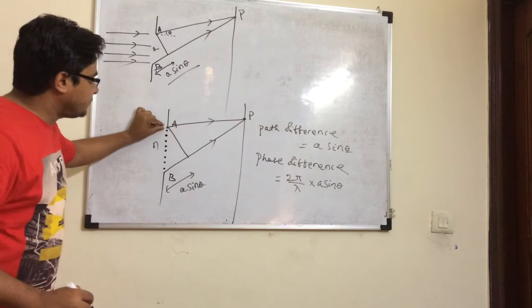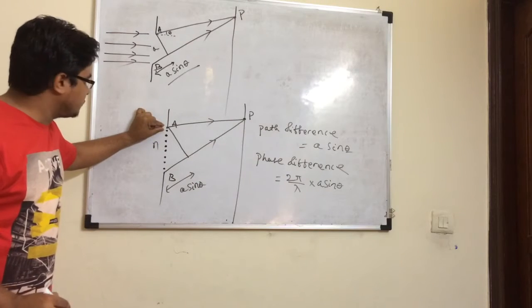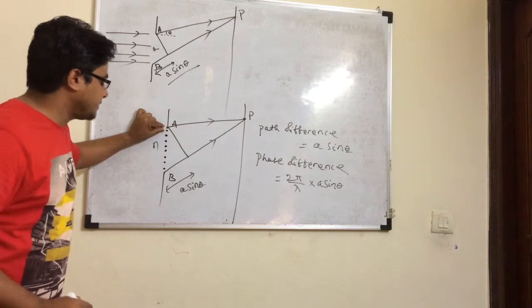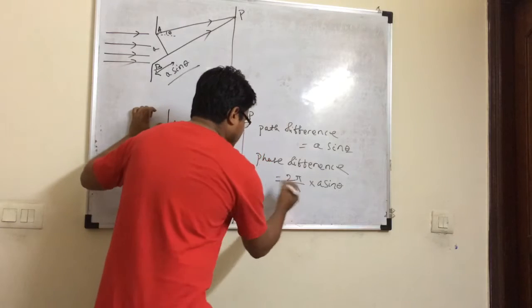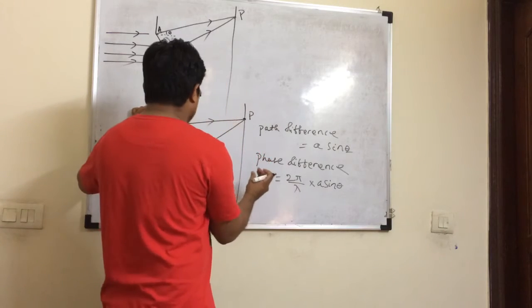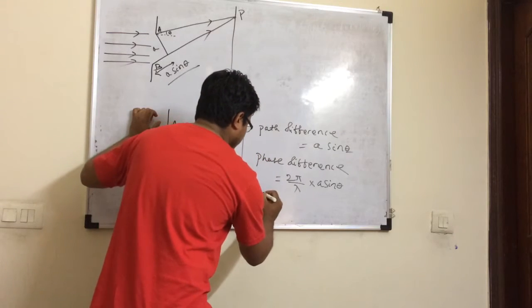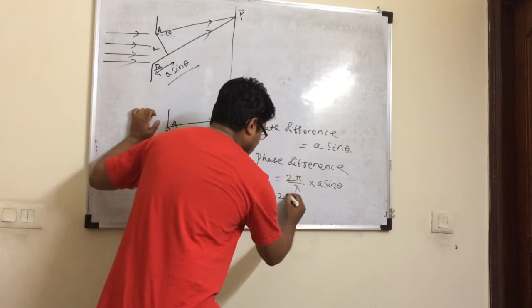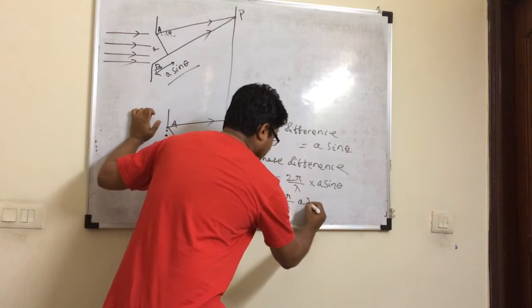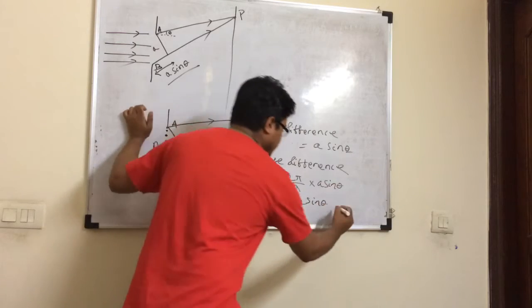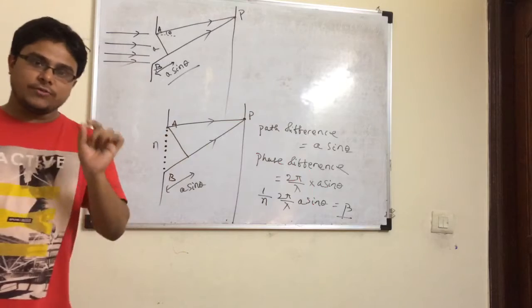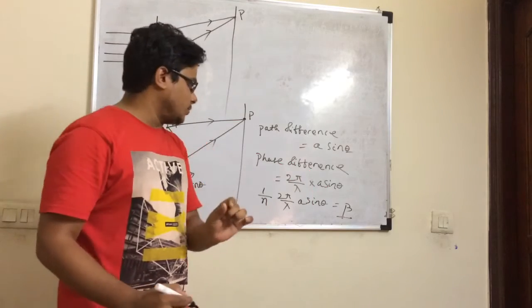So the phase difference between consecutive secondary sources can be written as, if n number of sources are there, 1 by n times 2 pi upon lambda A sine theta. So let's take this as beta. So beta is the phase difference between two consecutive secondary sources.